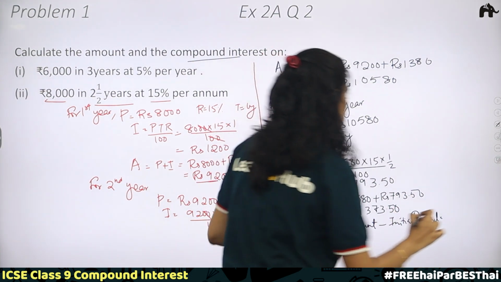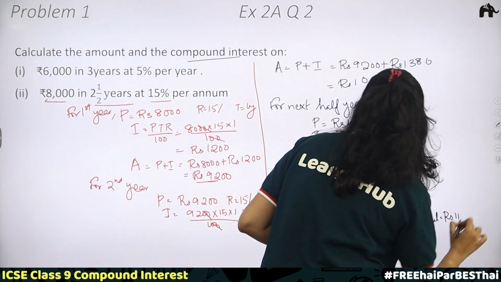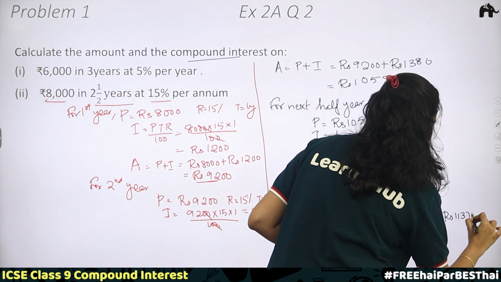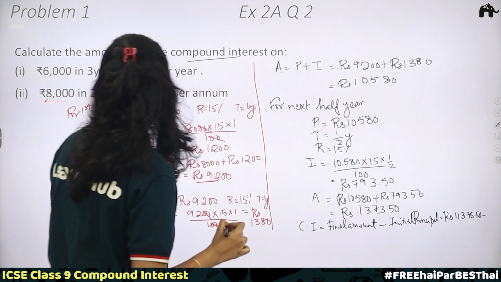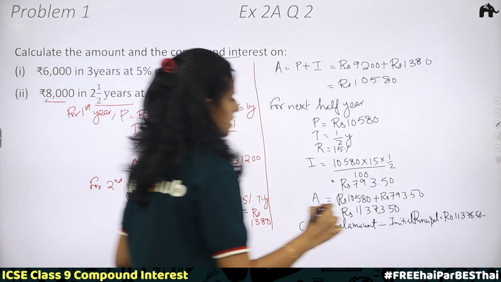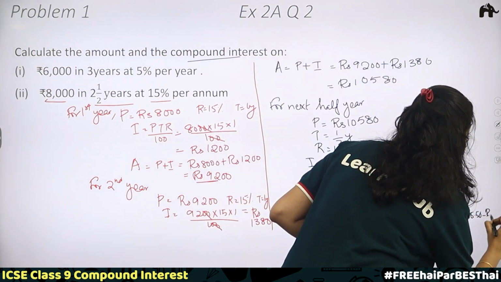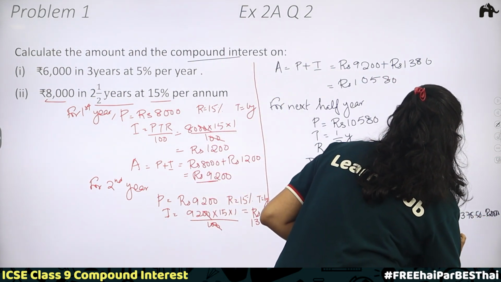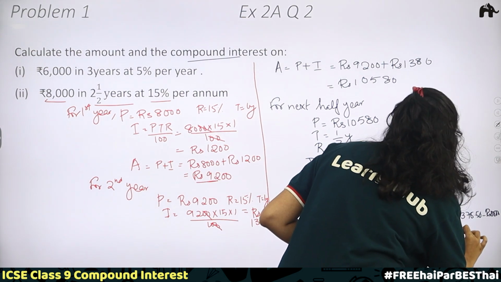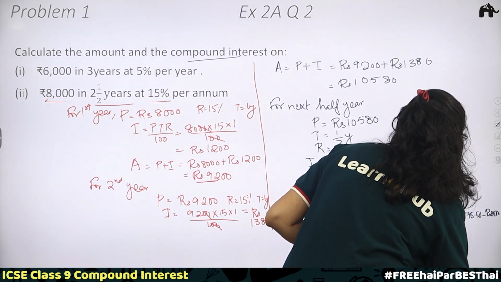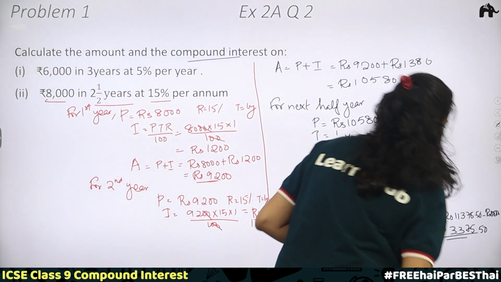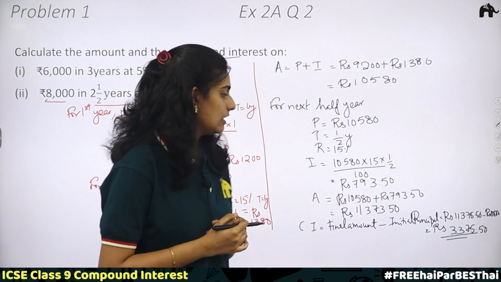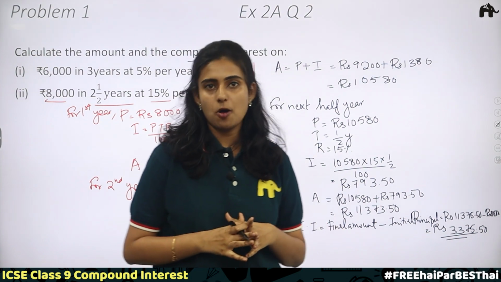Here the final amount is rupees 11,373.50 minus initial principal, rupees 8,000. So on subtracting, you will be getting rupees 3,373.50. So this rupees 3,373.50 is the compound interest.